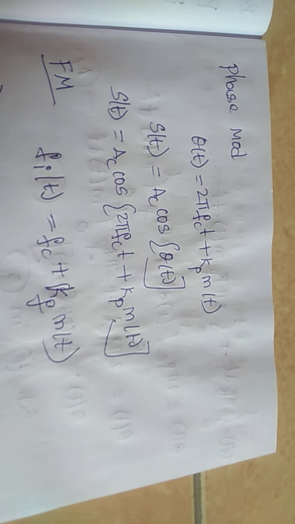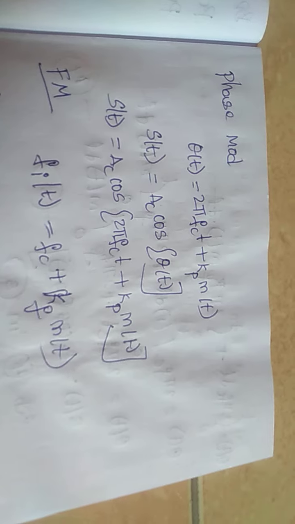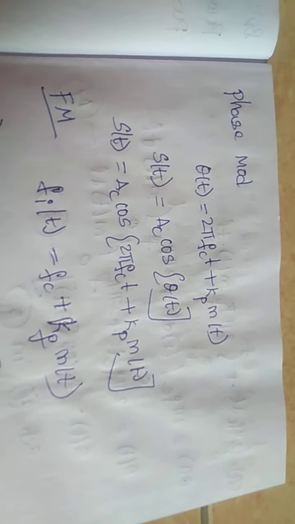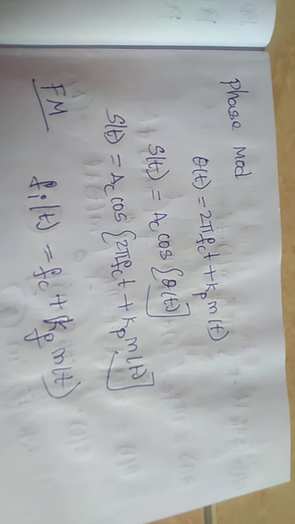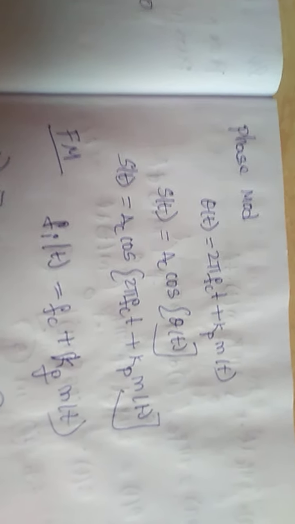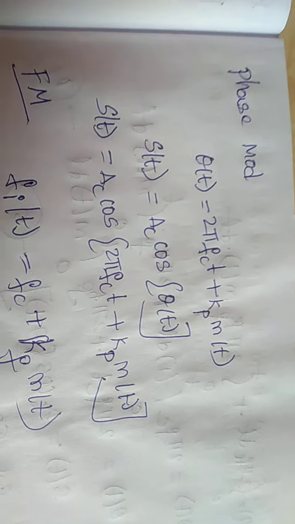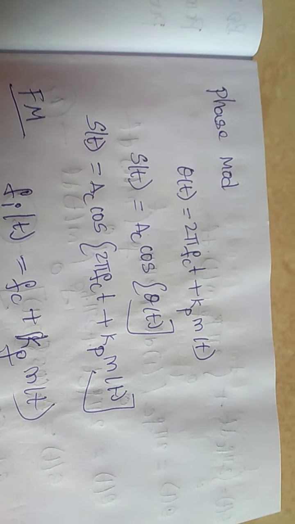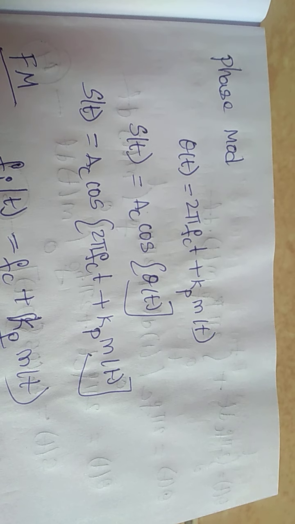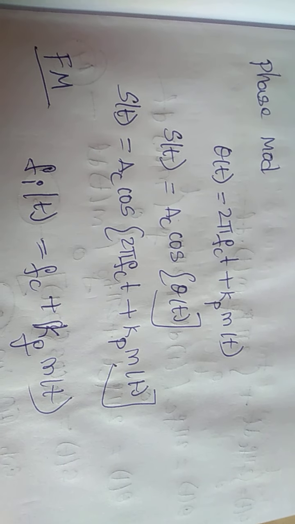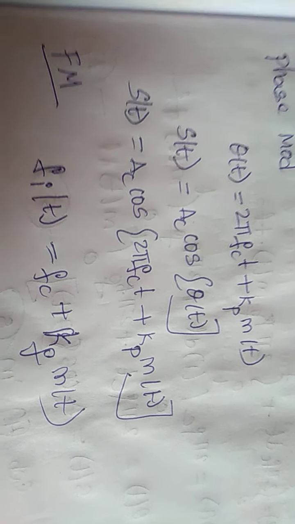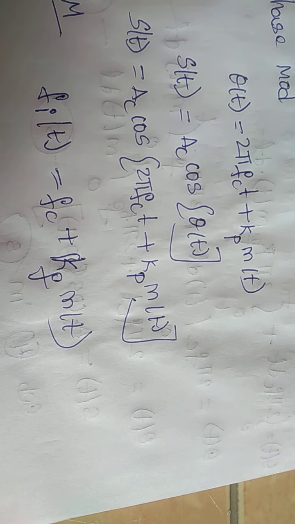Now phase modulation, where kp is the phase sensitivity, just as ka is the amplitude sensitivity we used in amplitude modulation. So theta of t is equal to 2 pi fc t plus kp m of t. S of t is equal to Ac cos theta of t.